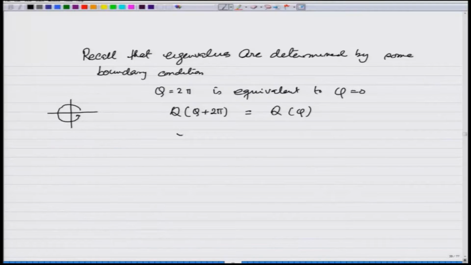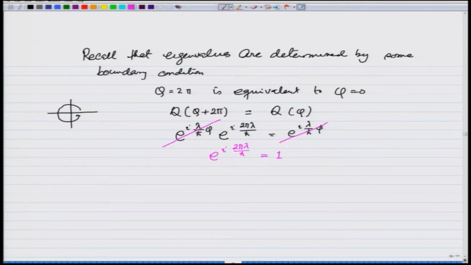Therefore I should have e raised to i lambda over h cross phi times e raised to i 2 pi lambda over h cross equals e raised to i lambda over h cross phi. This term cancels, and I have e raised to i 2 pi lambda over h cross equals 1, which implies immediately that lambda is some m h cross, where m is an integer: 0, plus or minus 1, plus or minus 2, and so on.